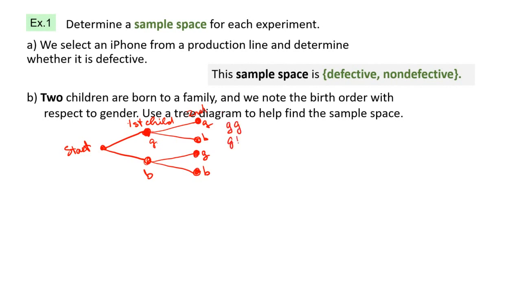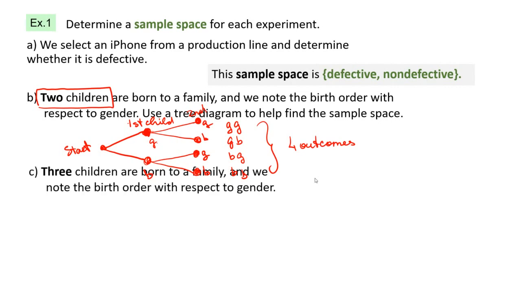Girl, girl, girl, boy, boy, girl, boy, boy. We have 4 outcomes in the sample space. So in our experiment, the experiment is 2 children are born in a family, and this experiment has sample space containing 4 outcomes.